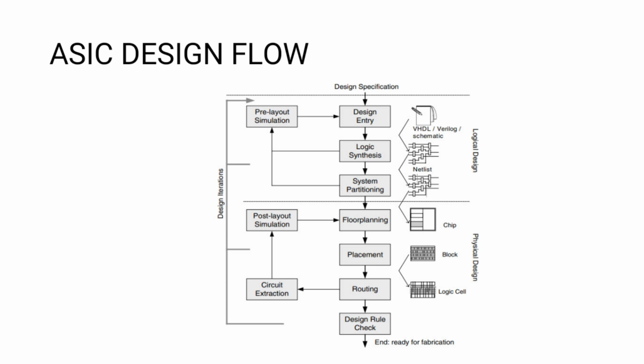Once the pre-layout simulation is done, we can go for floor planning, or otherwise we need to check design entry, logic synthesis and system partitioning again. These steps come before floor planning. Till then we are in the logic design.